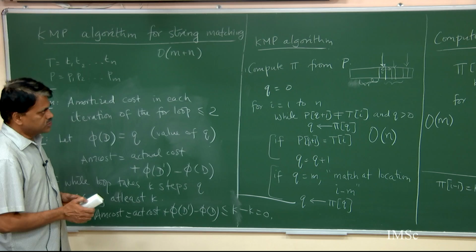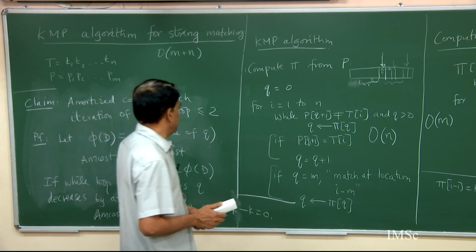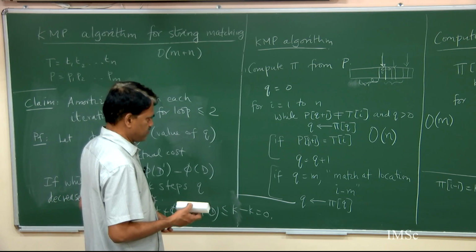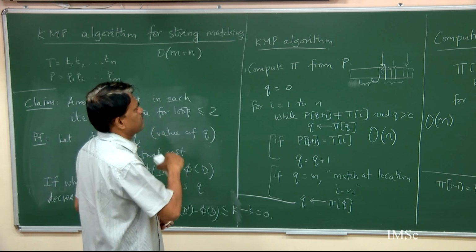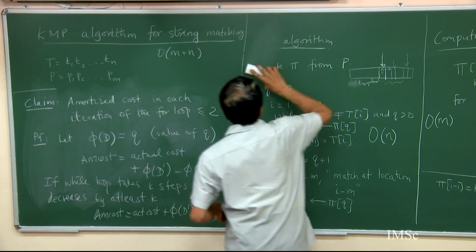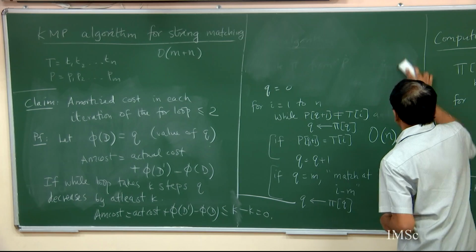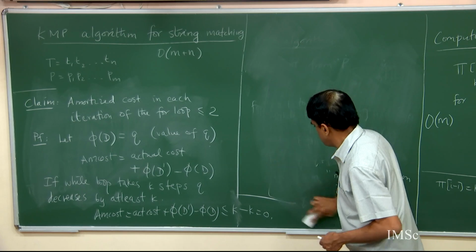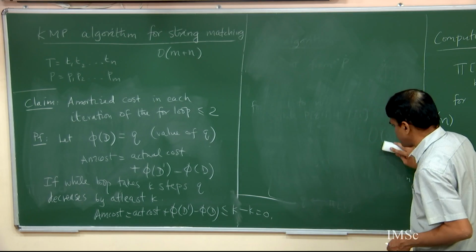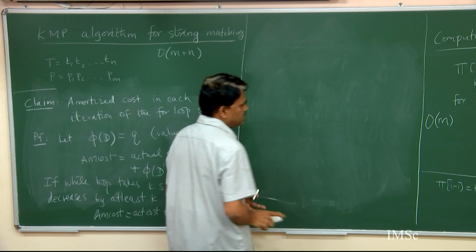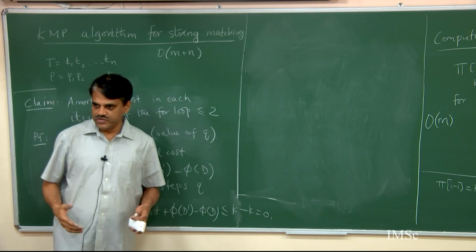Right? So what would you be interested in from a data structure perspective? If you look at the automata based algorithm we saw, or even this KMP algorithm, given a pattern, I compute something in time proportional to the pattern length, order m.